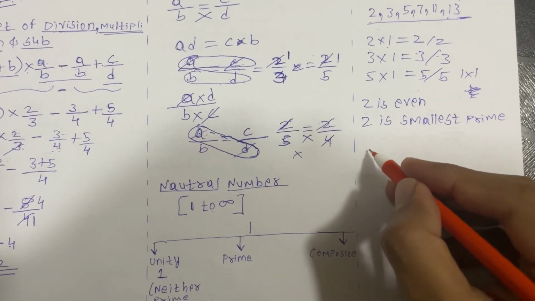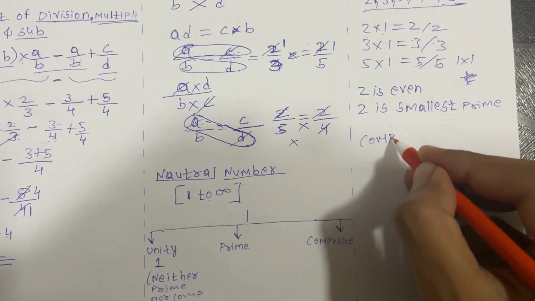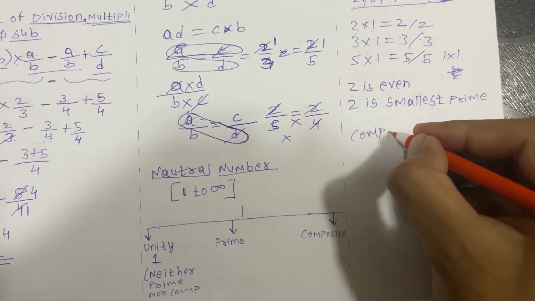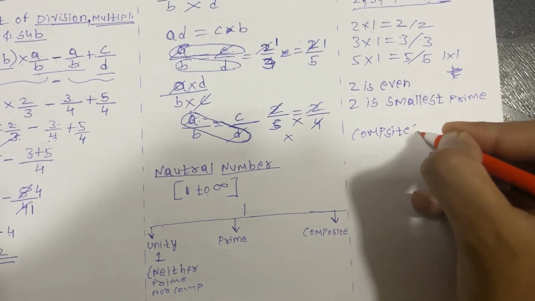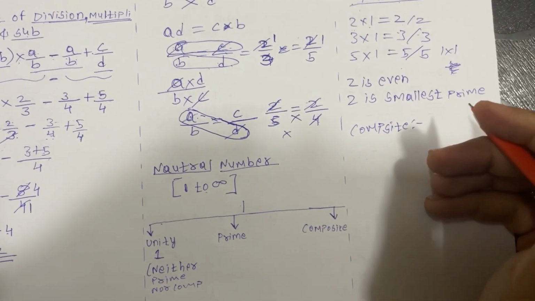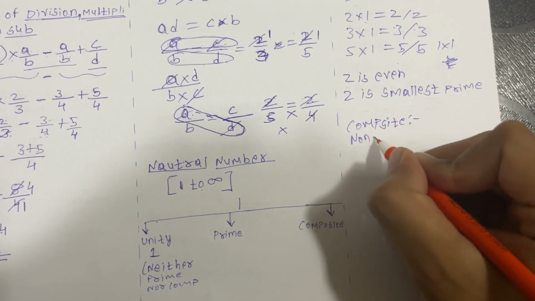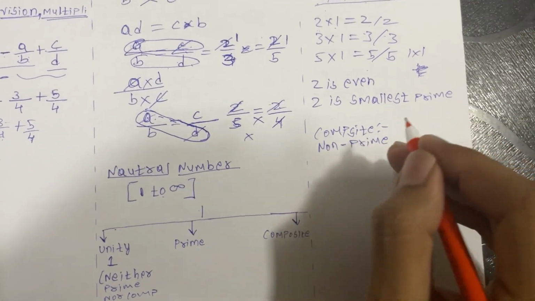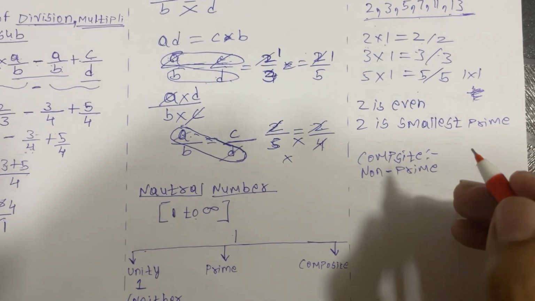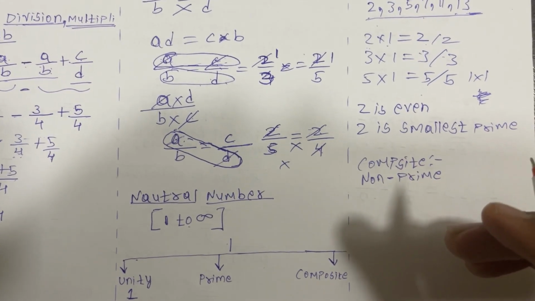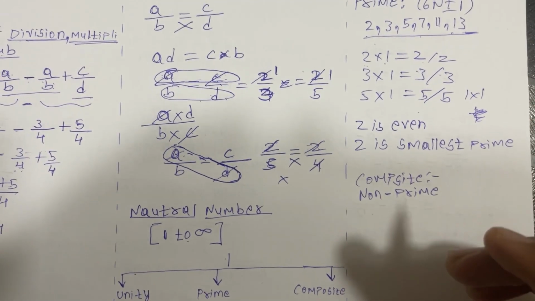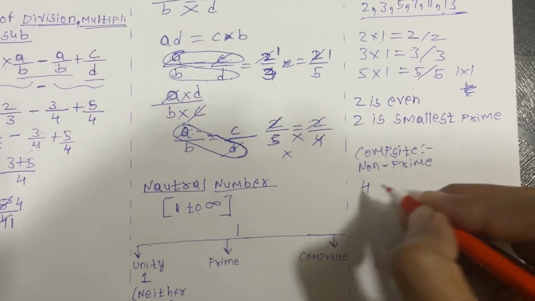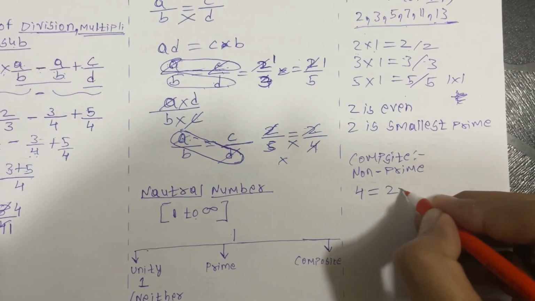And then composite numbers, we will learn composite. Composite numbers are numbers which are not prime, or we can say non-prime numbers, which can be divisible by any other number, or which have different factors. For example, 4 has a factor of 2 into 2.